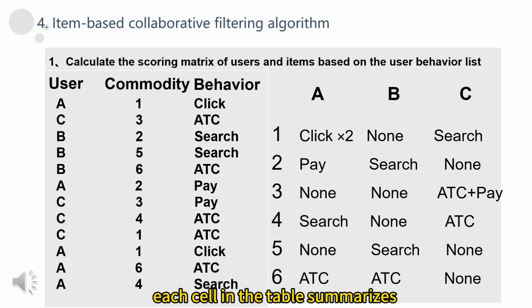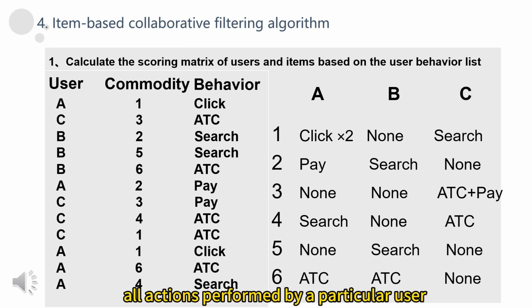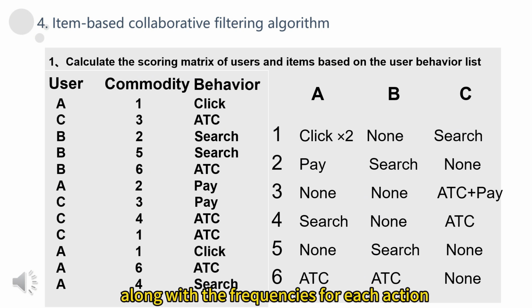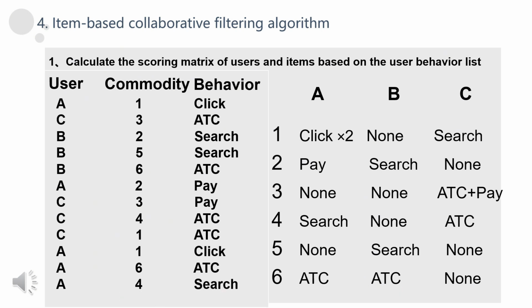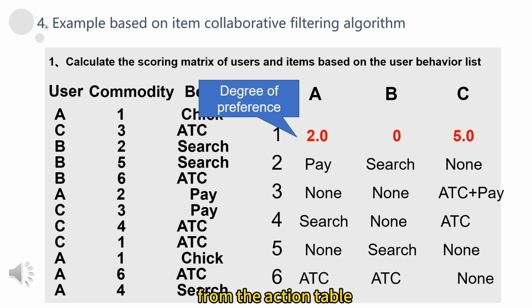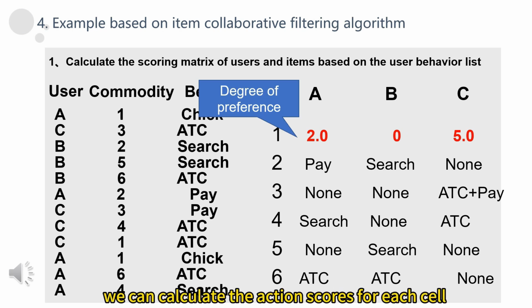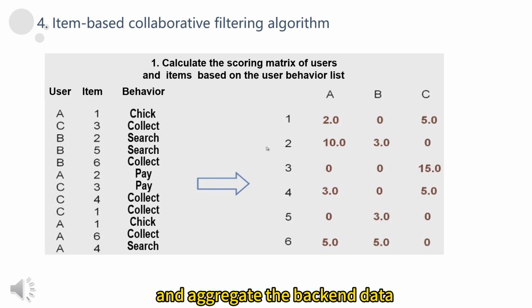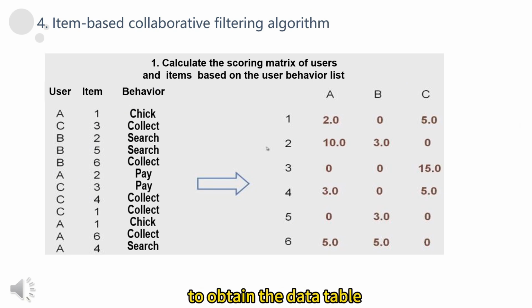Each cell in the table summarizes all actions performed by a particular user on the specific item, along with the frequencies for each action. From the action table, we can calculate the action scores for each cell. And finally, we can transform and aggregate the backend data to obtain the data table as shown on the right.